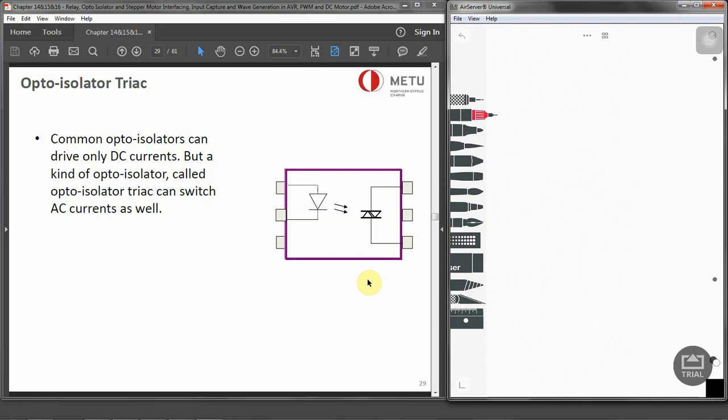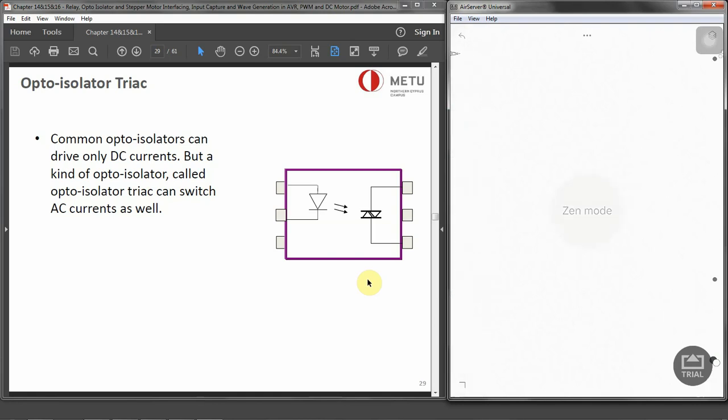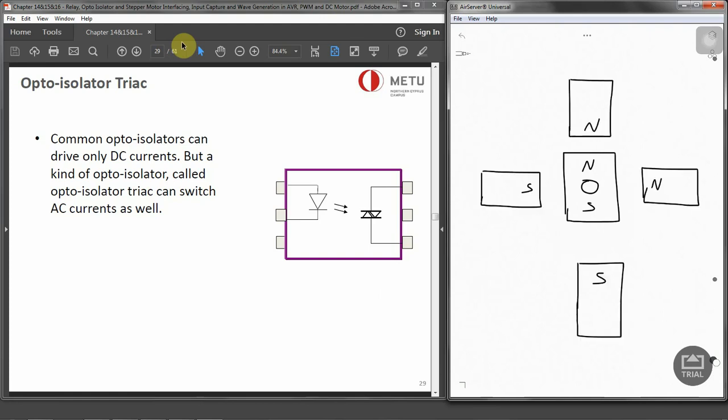Stepper motors generally have a permanent magnet rotor, which we call the shaft, with a center, north and south. Then around this shaft we have stators. These stators are normally named A, B, C, and D, and they have windings.